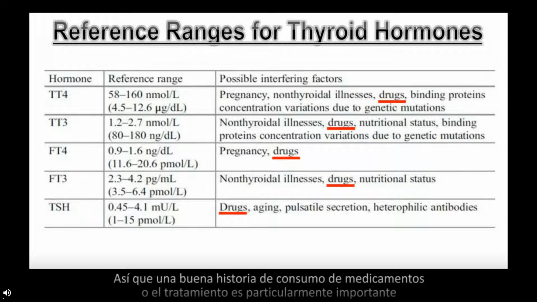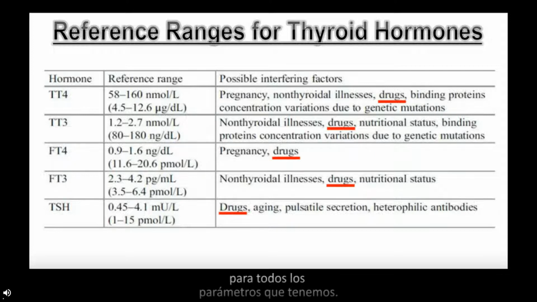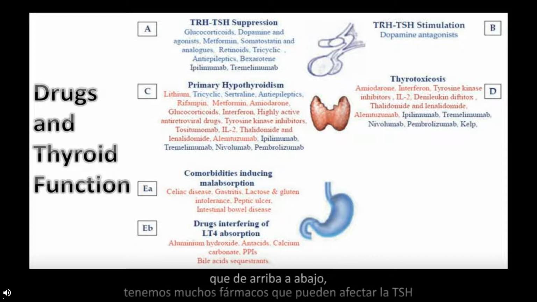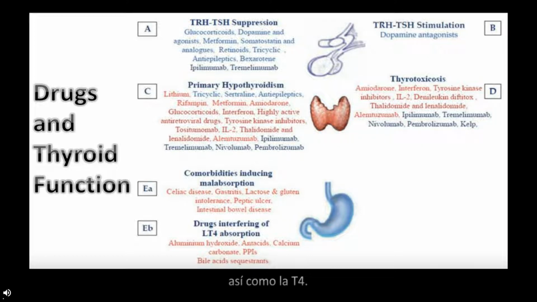So a good history of drug consumption or treatment is particularly important for all the parameters that we have. And it is well known that from top to bottom, right, we have got many drugs that can affect the TSH as well as T4.